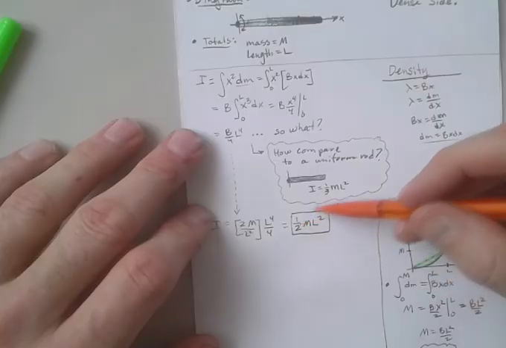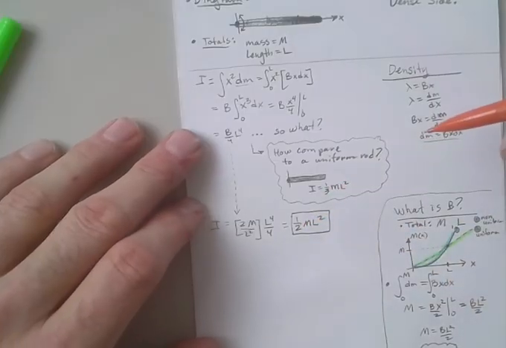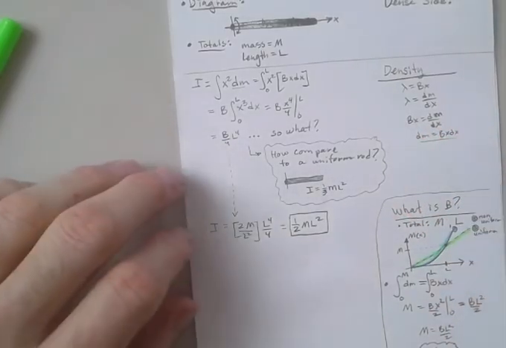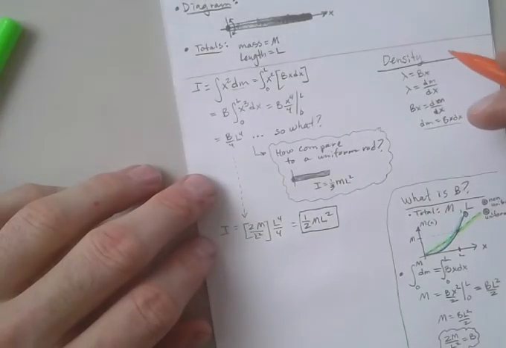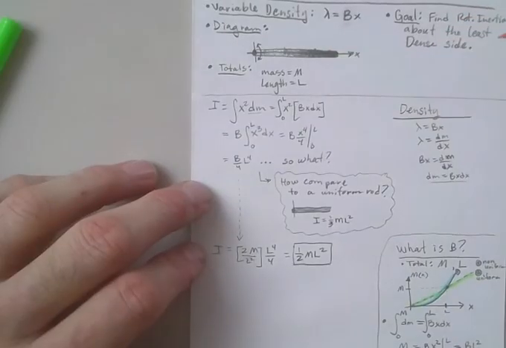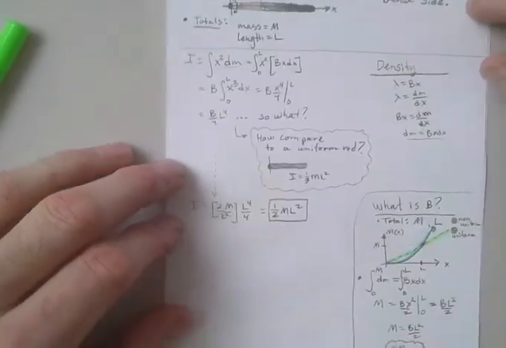And indeed, 1/2 is more than 1/3, and so we get a great outcome for that, and that answer makes sense for what we have. So indeed, our rotational inertia is greater for a non-uniform rod.